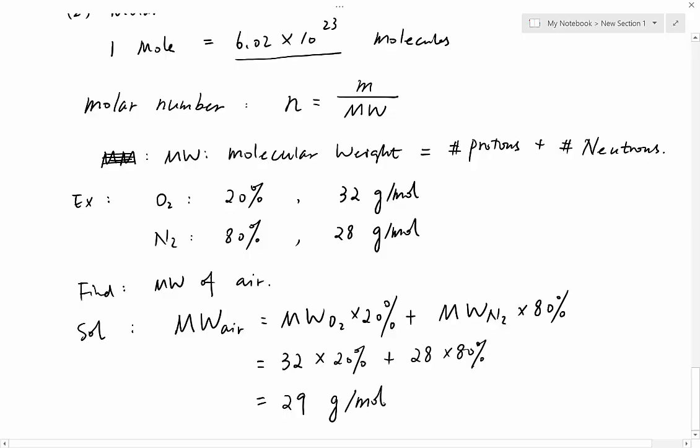What have you noticed? 29 is very, very close to 28, and 28 is the molecular weight of nitrogen. Why is our solution closer to nitrogen than to oxygen? Because nitrogen takes 80%, which is dominant, right? So if nitrogen is dominant, our solution must be close to nitrogen.